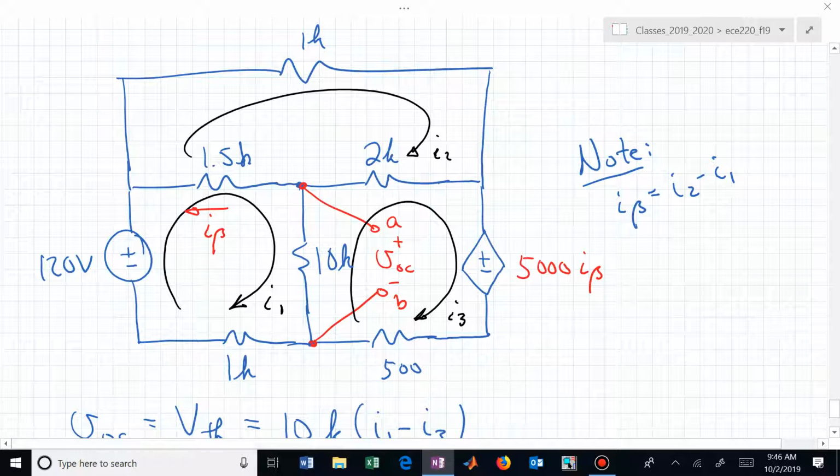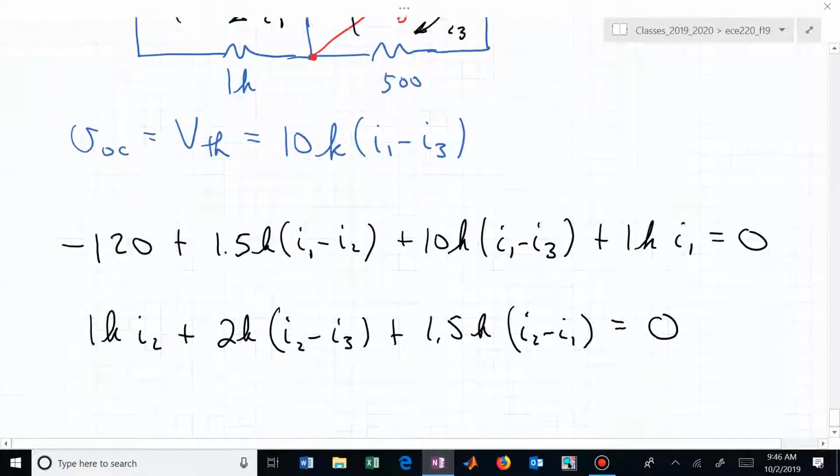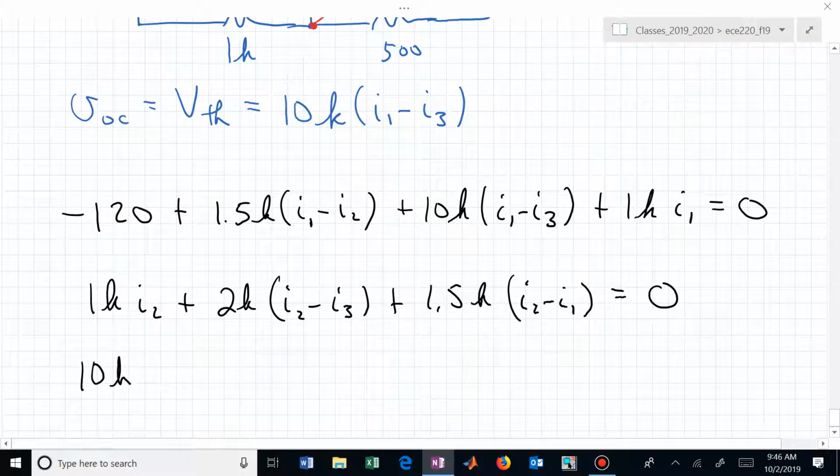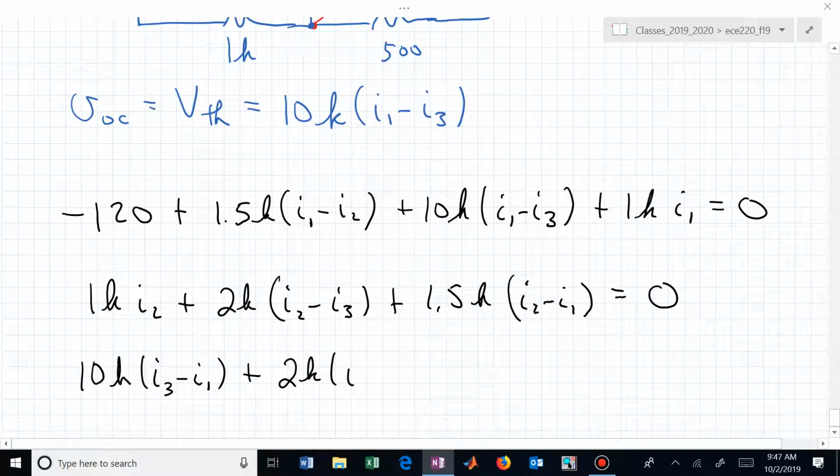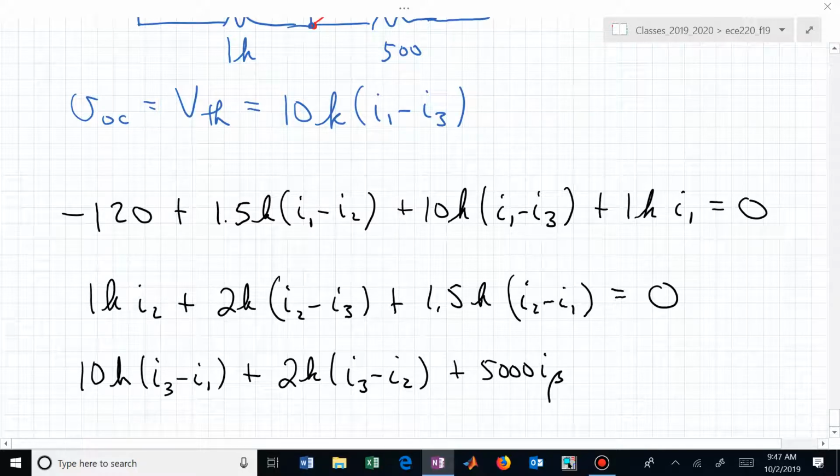Let's do one more. If we start in the lower left in mesh 3, we have 10K times I3 minus I1 plus 2K times I3 minus I2 plus 5,000 I sub beta plus, we can't forget the bottom, which is 500 I sub 3 equals 0.